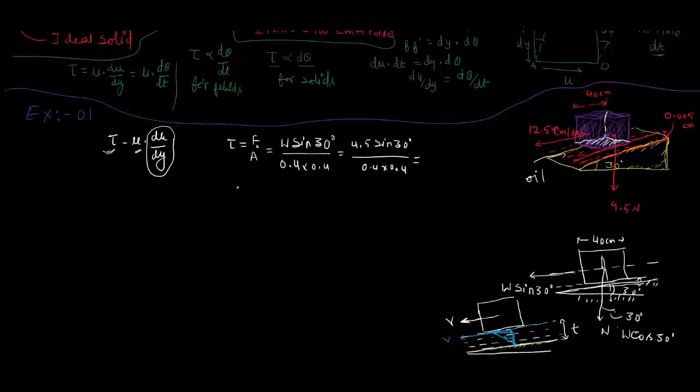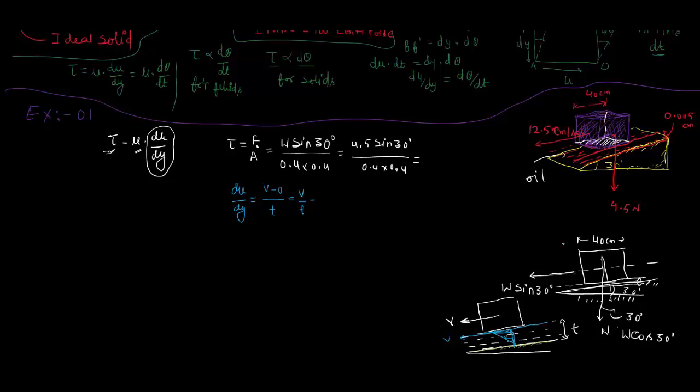So we can say that du upon dy is equal to, du is the difference in velocity, so here the velocity is V, here the velocity is 0, so this is V minus 0 over dy. The perpendicular distance in the flow direction is T, so actually this is V by T.